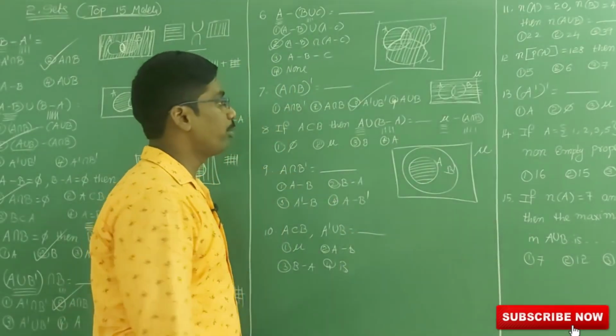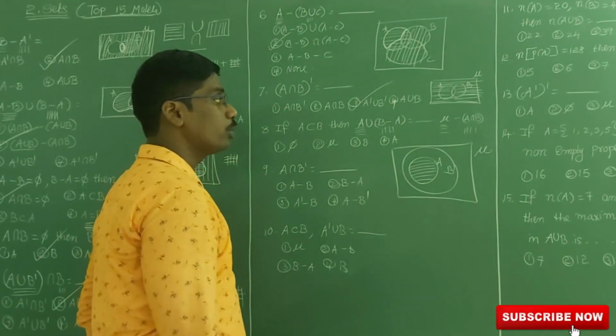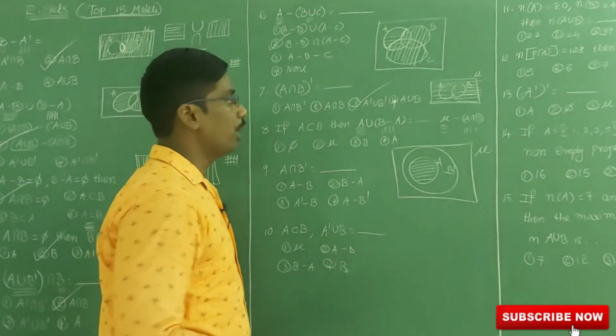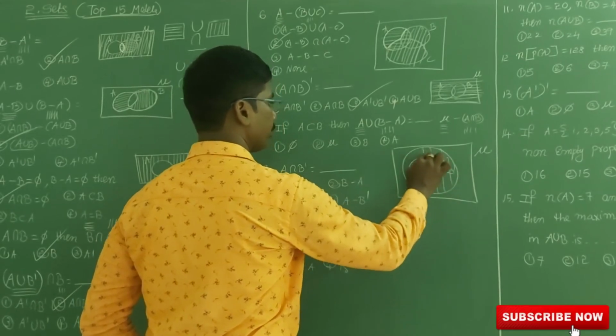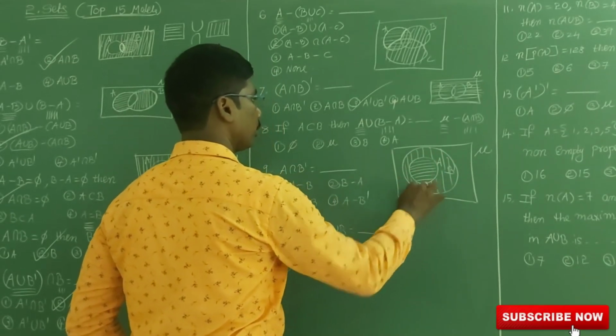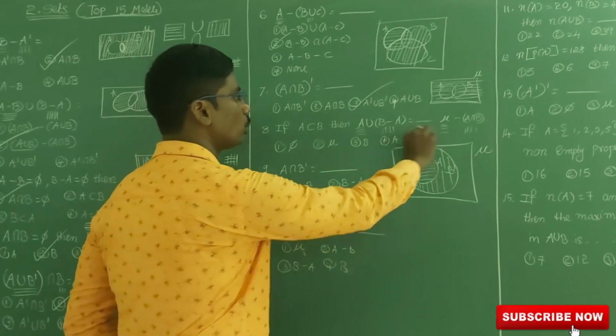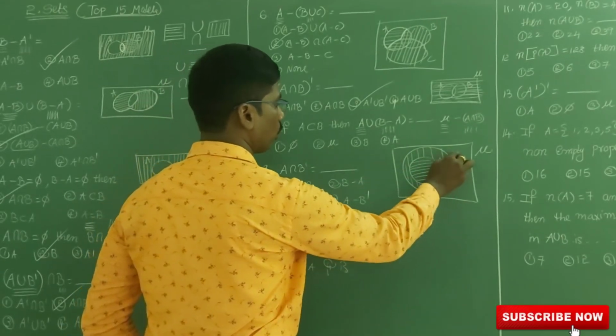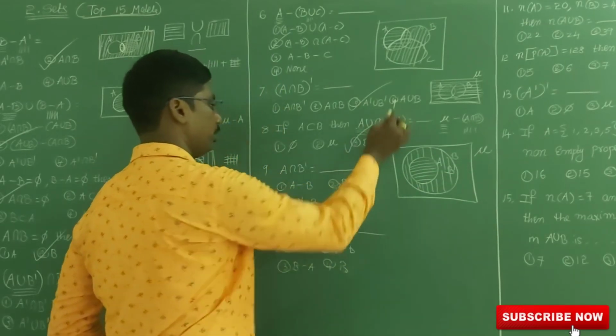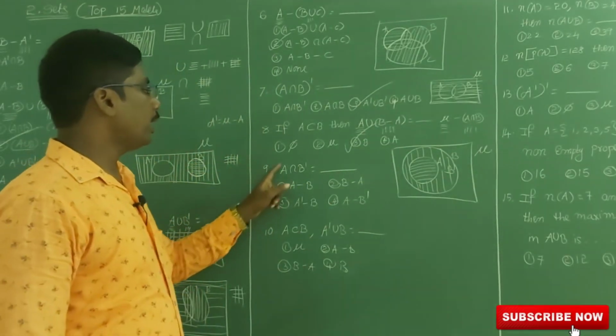B minus A means should be present in B only, should not be present in A. That is vertical lines. So what they are asking, union. Union means total. Total is nothing but B. So the answer is B.